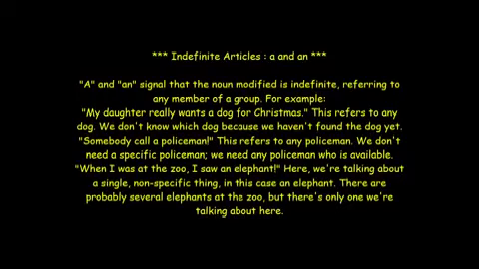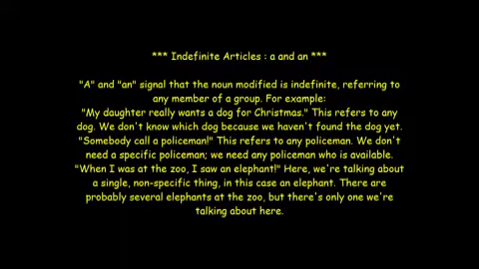Indefinite articles a and an. A and an signal that the noun modified is indefinite, referring to any member of a group. For example, my daughter really wants a dog for Christmas.